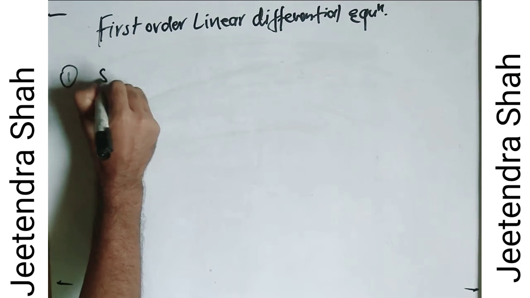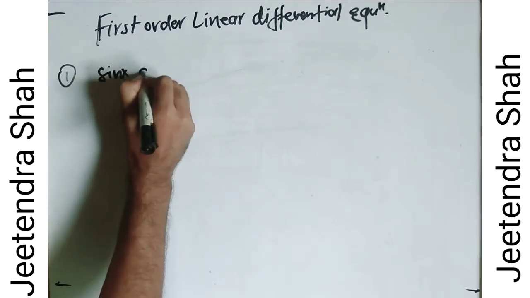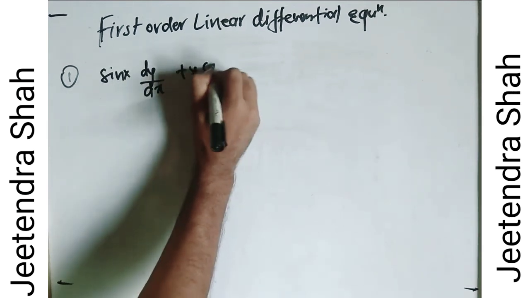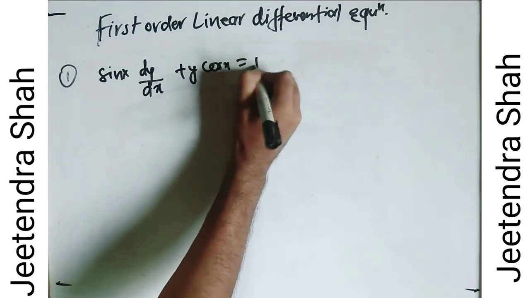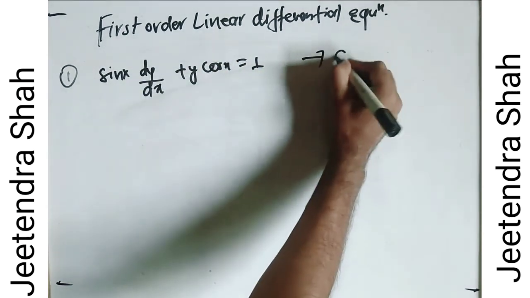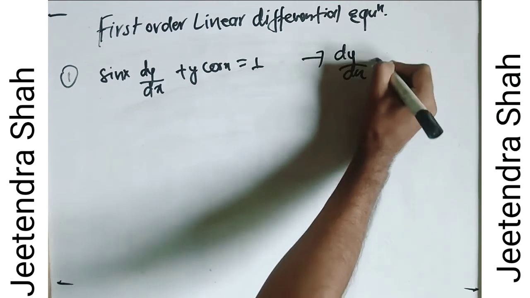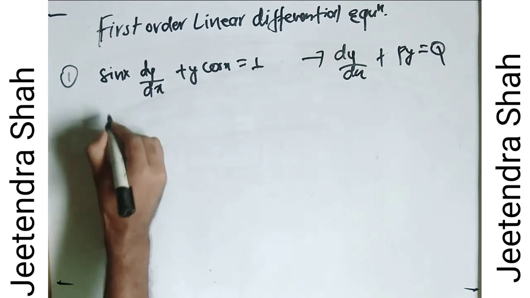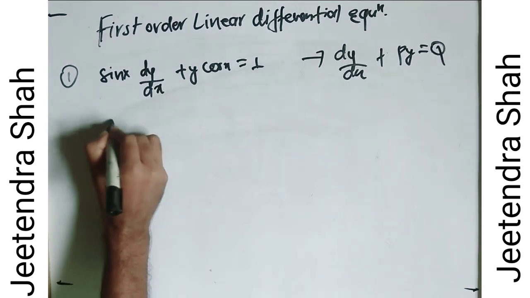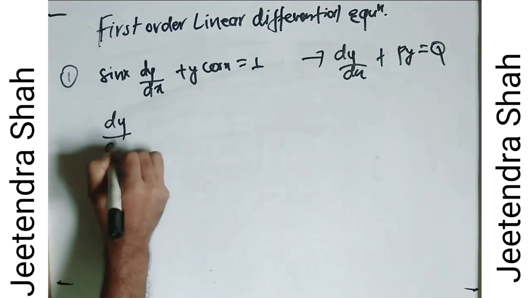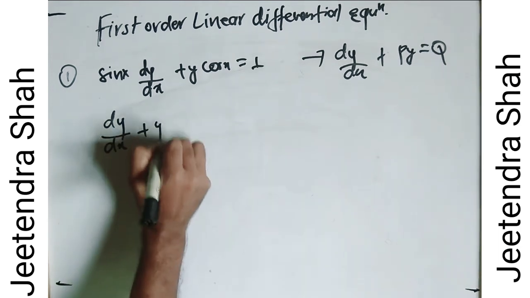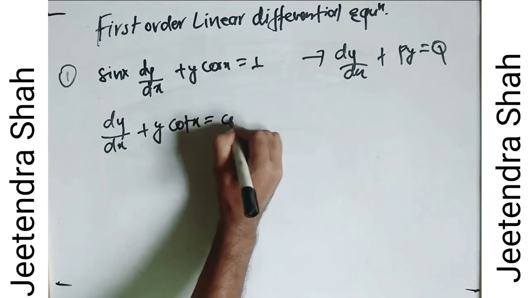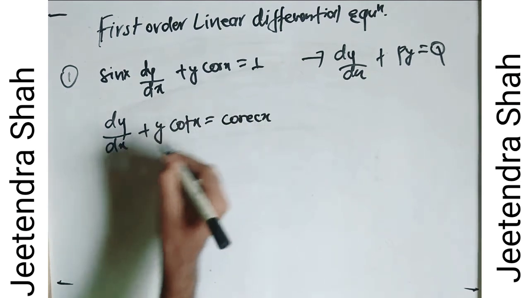Here we have the numerical: sin x dy/dx + y cos x = 1. First of all we have to make this equation in the form dy/dx + Py = Q. So we write this equation as dy/dx + y cot x = cosec x.